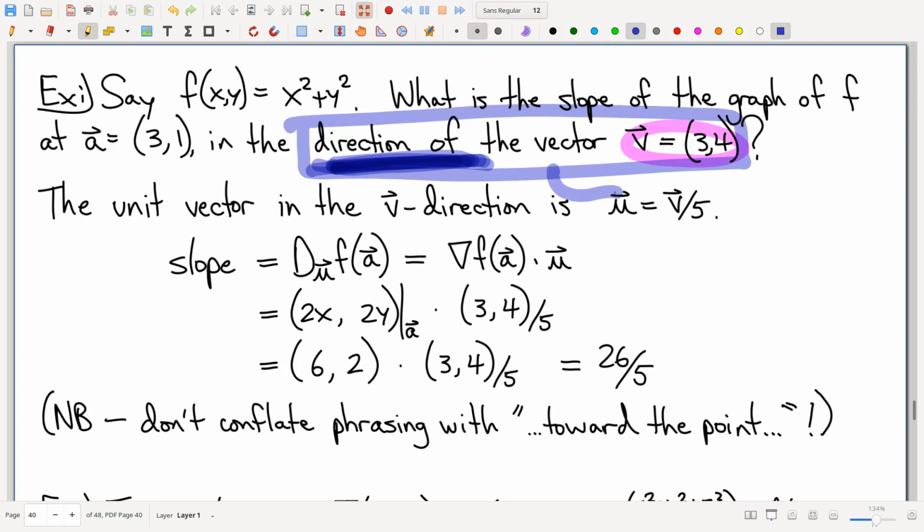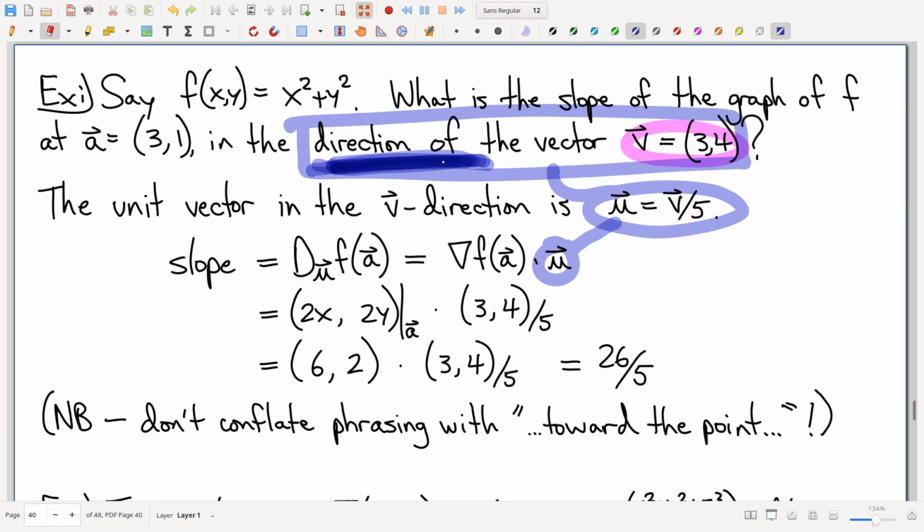And of course, how to find a unit vector that points in a given direction, you just take the given vector and you divide it by its own magnitude. This is old news, right? This is from the first day of class, second day of class, something like that. So v over 5 is our actual unit vector. And then it's all over.